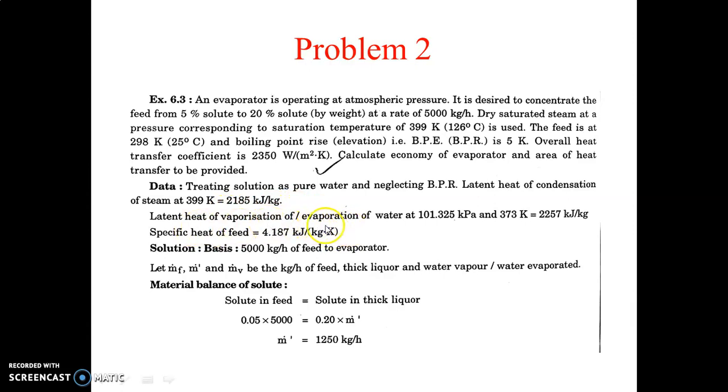Latent heat of vaporization of water at atmospheric pressure and 373 Kelvin, that means at the boiling point of water, is given as 2257 kilojoules per kg. Specific heat of the feed, that is CPF, is equal to 4.187 kilojoules per kg Kelvin.